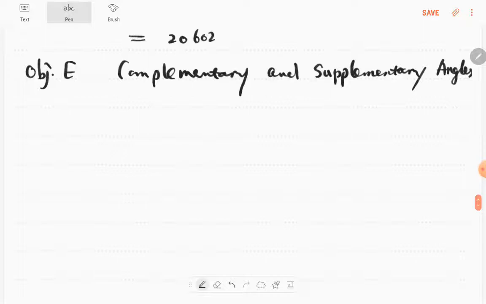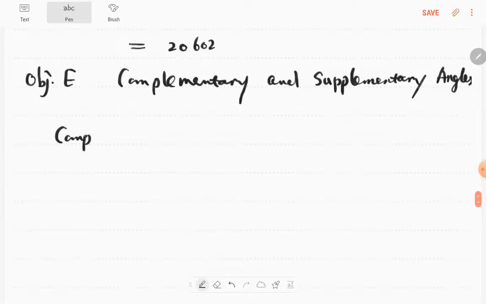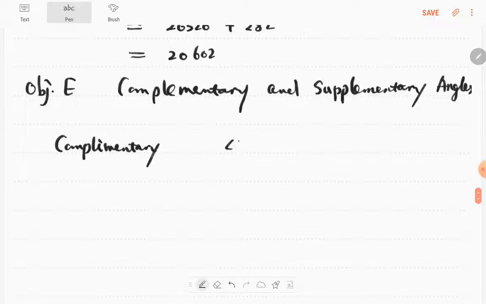By the definition, we know two angles are complementary if angle X plus angle Y equals 90 degrees.